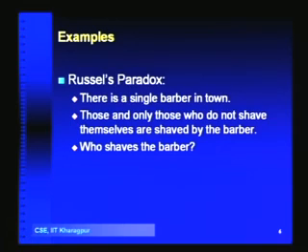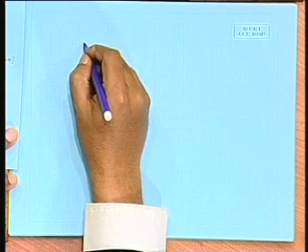Now, if you try to model this in first order logic, let us see what happens. So, first thing we have to express is there is a single barber in town.